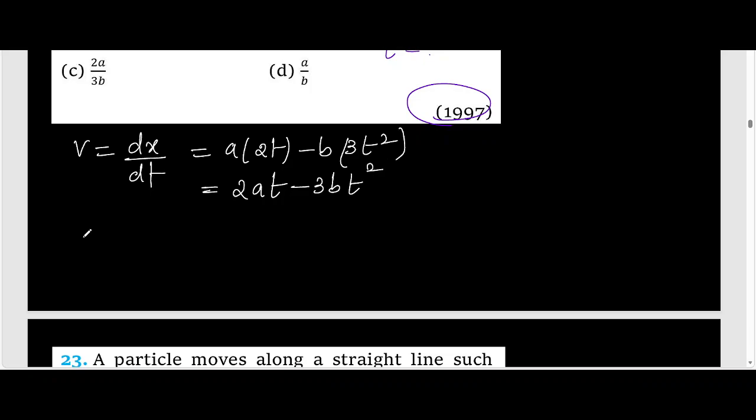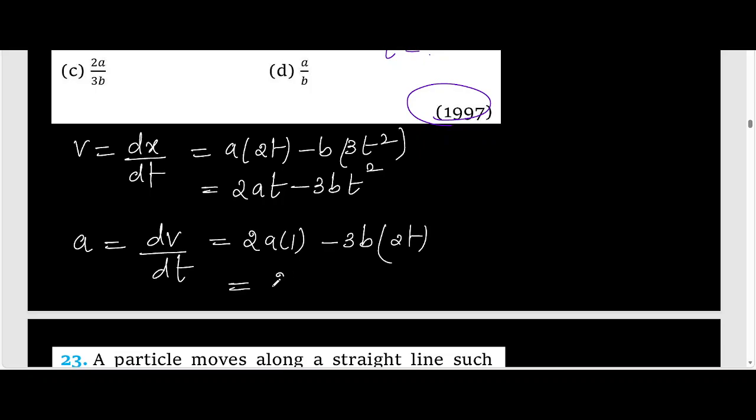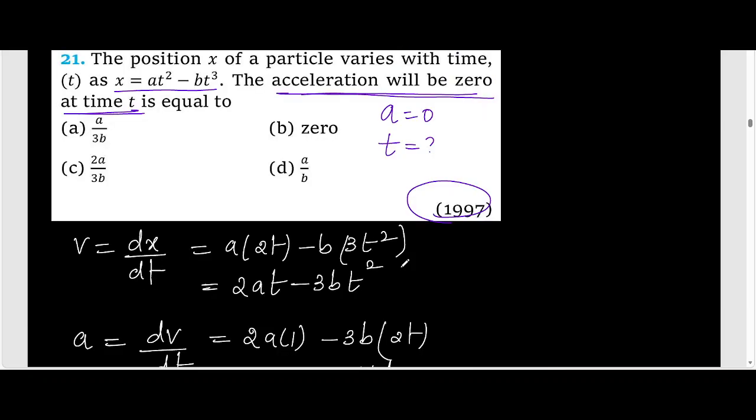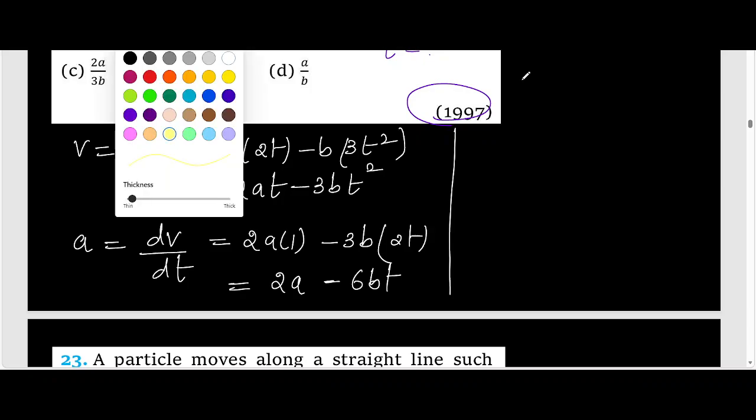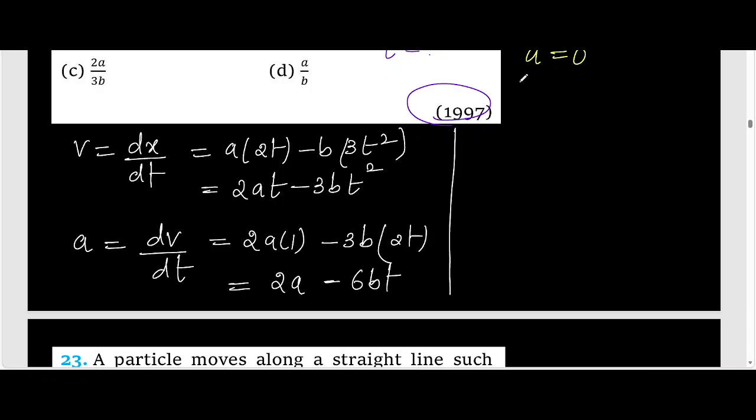What about acceleration now? It is dv upon dt. So 2at differentiation 1, minus 3bt square differentiation 2t. So how much will you get? 2a minus 6bt. This is the acceleration. The question says acceleration will be 0, so equate it to 0. So 2a minus 6bt is equal to 0. So 2a is equal to 6 into b into t.